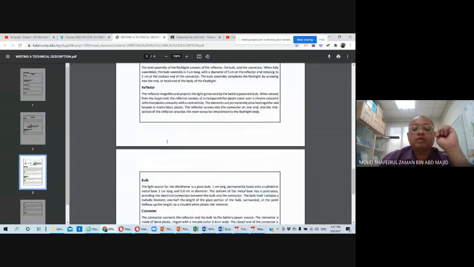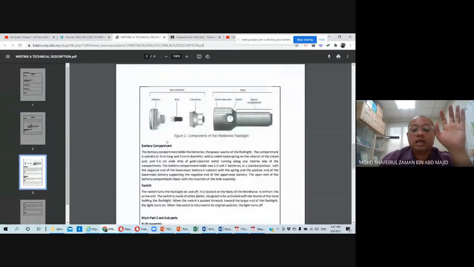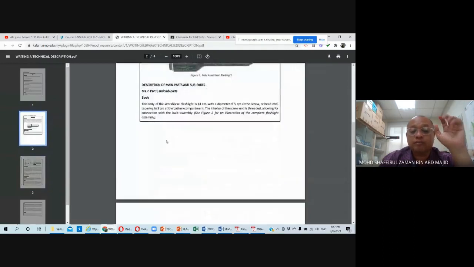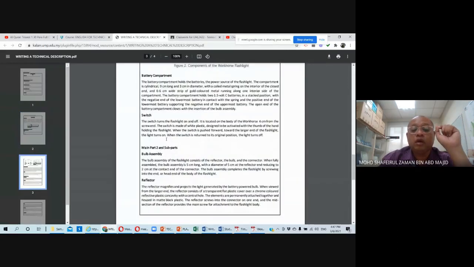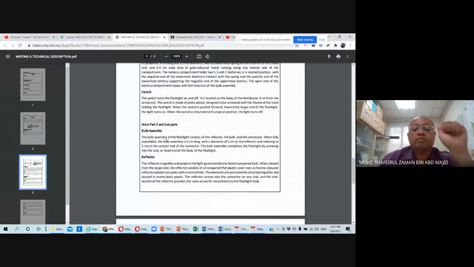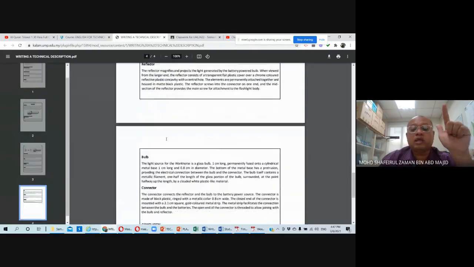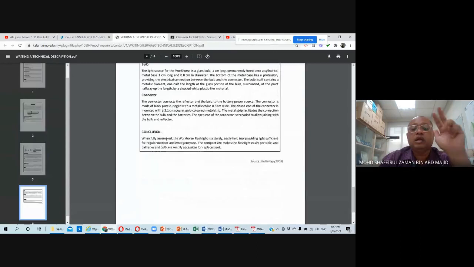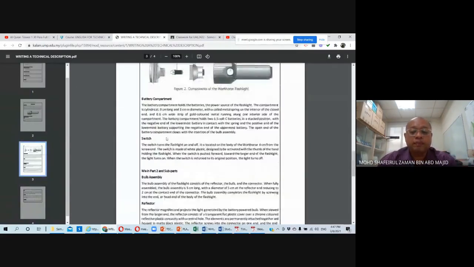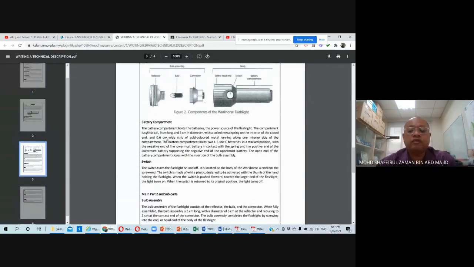For main part two and subparts, you have the bulb assembly, the reflector, the bulb, and the connector. So each part in a product may consist of different subparts.